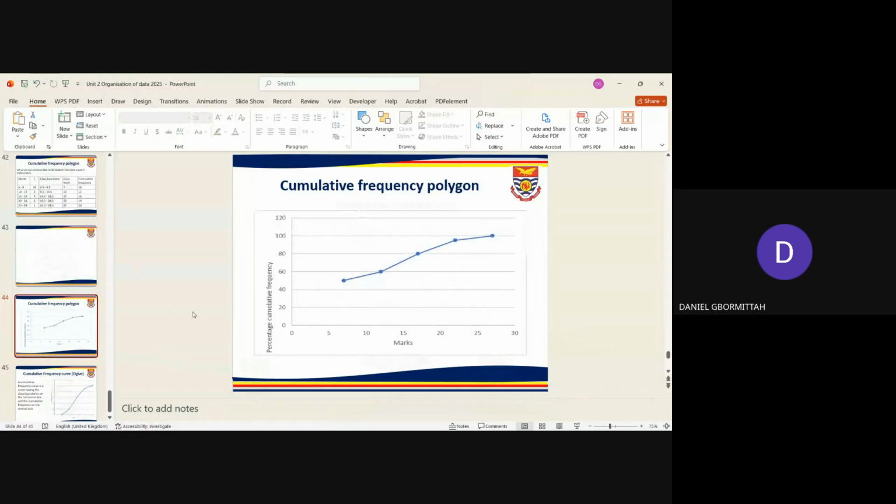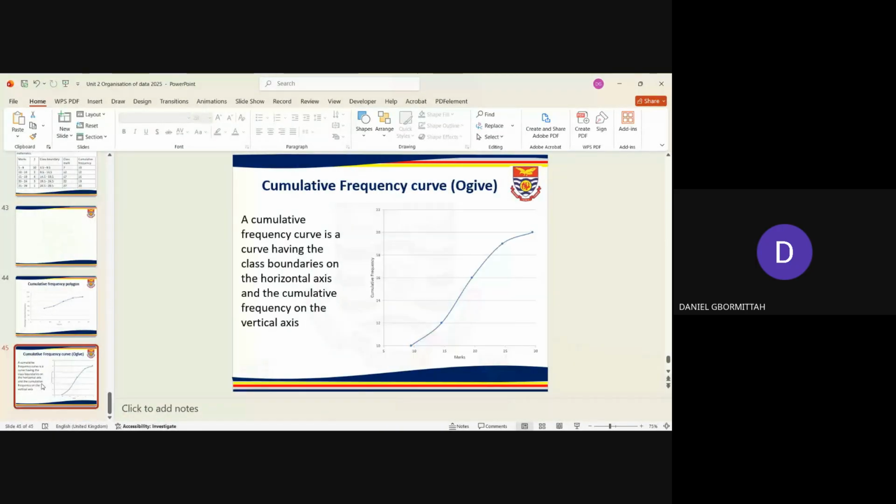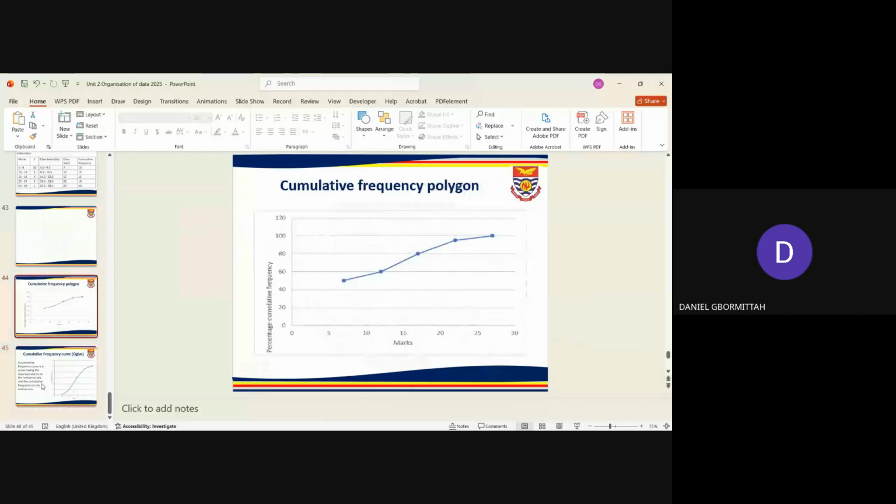We have the cumulative frequency on the vertical axis. When we are marking WASSCE, they will tell you that students are not supposed to use class midpoints. Please, let's ask AI right now.